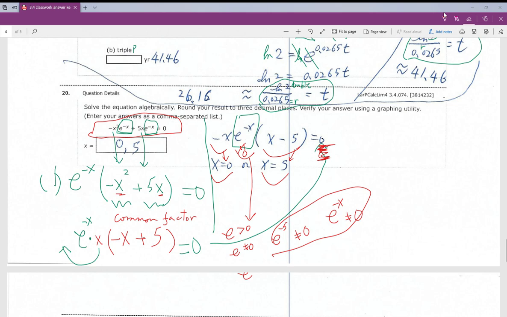Because you may have made a calculation mistake. Now, if you make sure you calculate everything correctly, then for this type of exponential equation, if you can find the answers, you need to keep all of them. You don't need to check whether the input is positive or negative. No such thing. Don't worry about that.